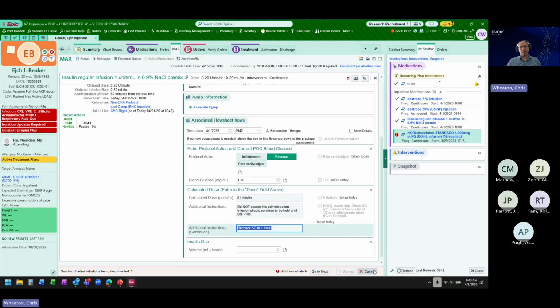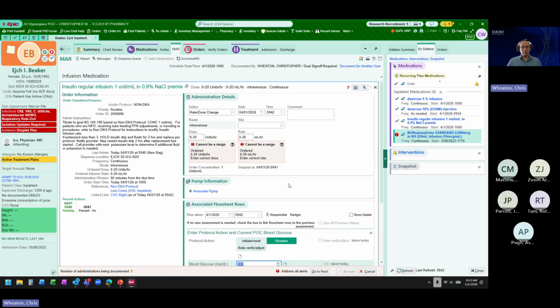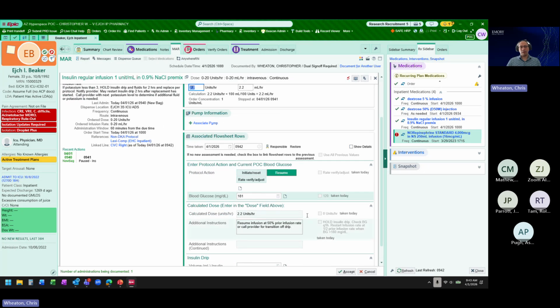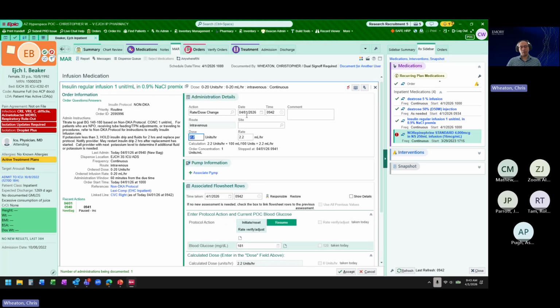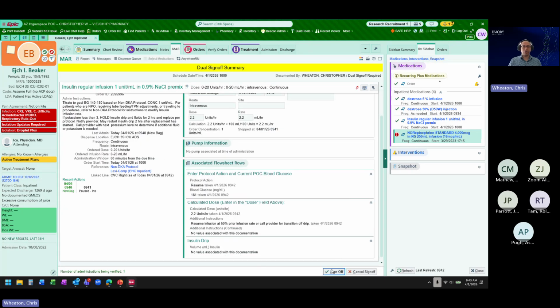So at this point, we would cancel out. As soon as it is above 180, so say 181, it will then calculate automatically the rate at half, and you are able to proceed with administration. So here is where we would then go up and document the 2.2 units per hour as calculated as half the previous rate, and we would accept the administration and have the second independent check.